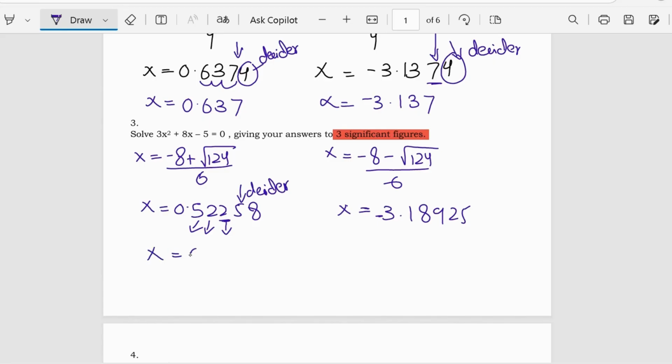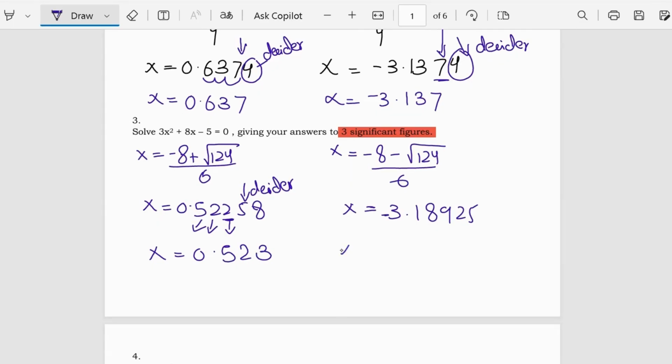So x equals 0.52. As the decider is 5, if it's 5 or greater than 5, then you have to round it off. As it's 5, I'm going to write 0.523. For this one, in this case my first non-zero digit in my answer is this 3, right? So this 3 is my first significant figure, 1 is my second, and 8 is my third significant figure.